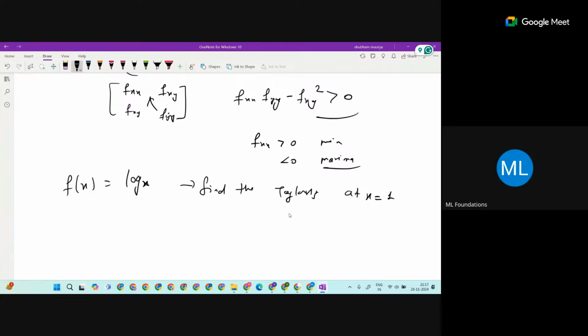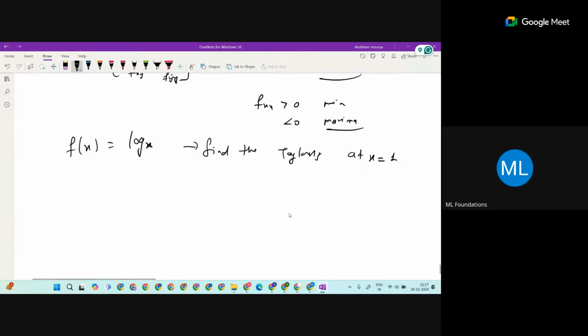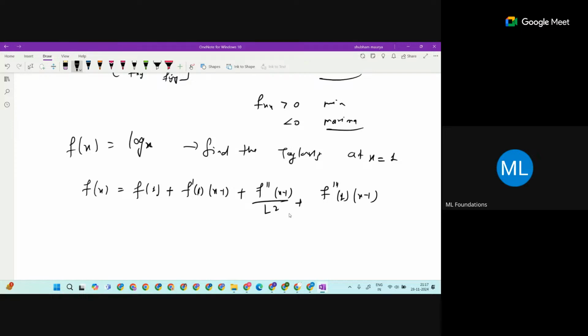So how will we get the Taylor series of this function? The Taylor series is nothing but the value of the function at 1, then the derivative value at 1 times (x minus 1), then the double derivative at 1 times (x minus 1) squared over factorial 2, the triple derivative at 1 times (x minus 1) cubed over factorial 3. This is the Taylor series.